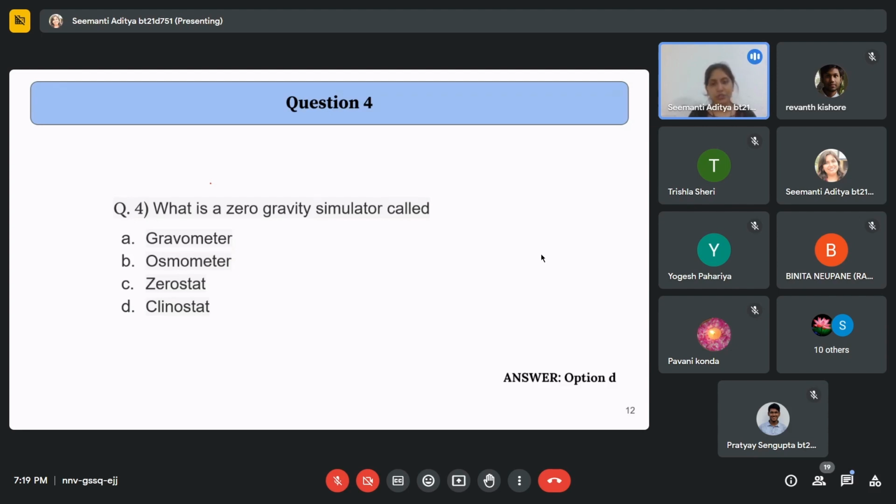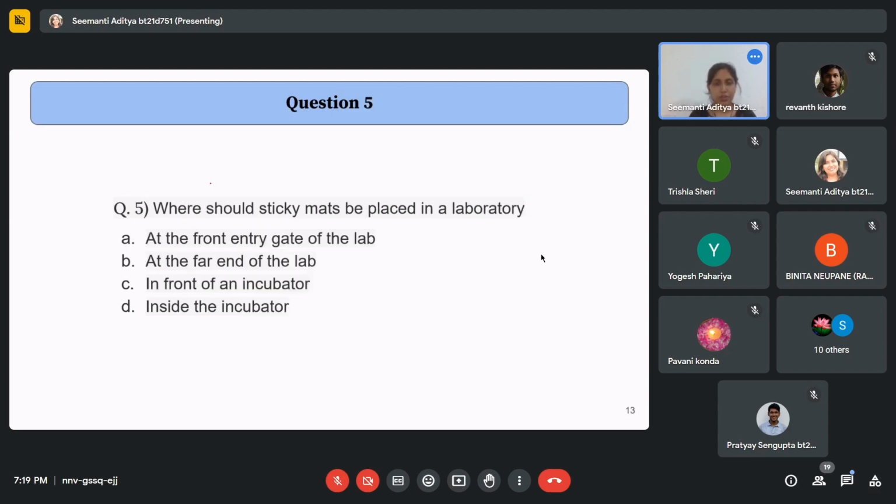In order to reduce the effect of gravity, it's the zero gravity simulator, the clinostat. It helps in maintaining very physiological conditions in the cells by continuously rotating. The next question.